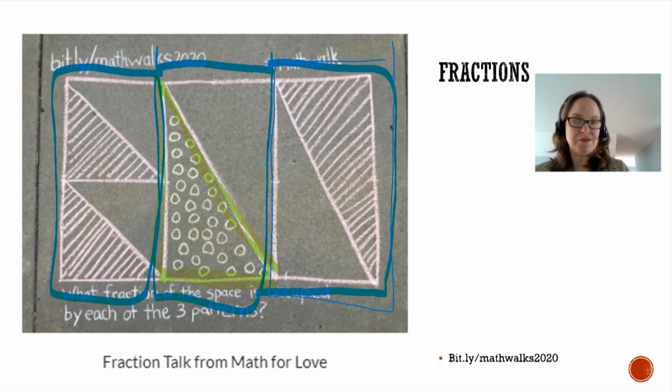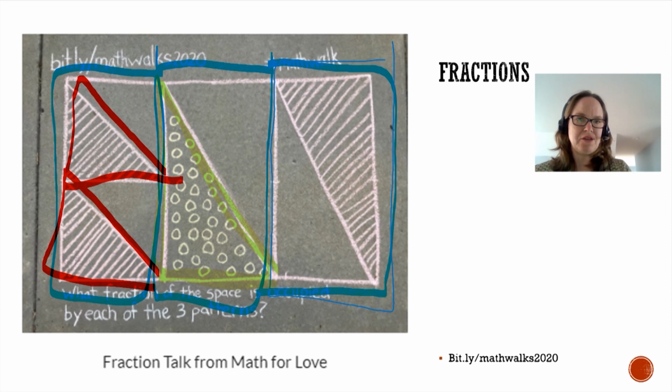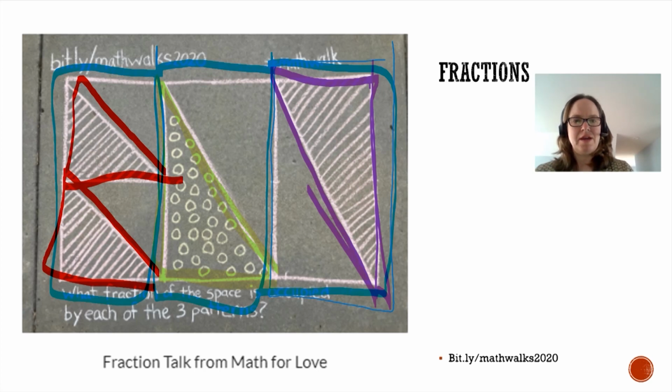Then the next one I'm going to go to is maybe these ones. How much space is occupied by those? And then we could also look at this one. I have a question for you to think about before we go to the next slide. Does this shape and this shape occupy the same amount? All right, do some thinking. We're going to look at it in the next slide.